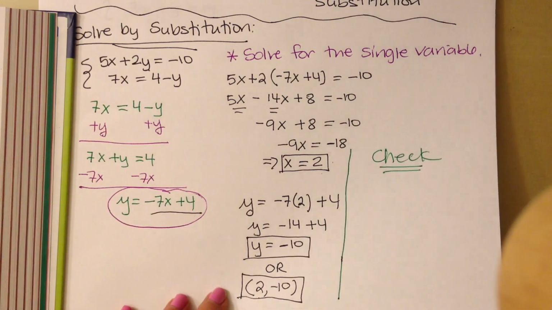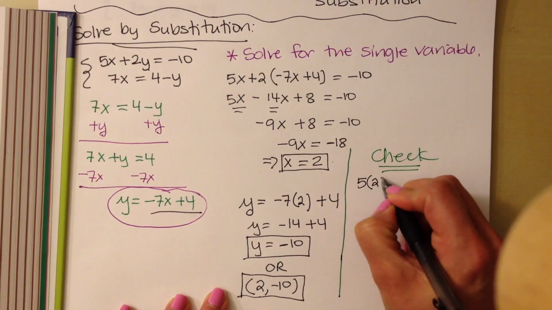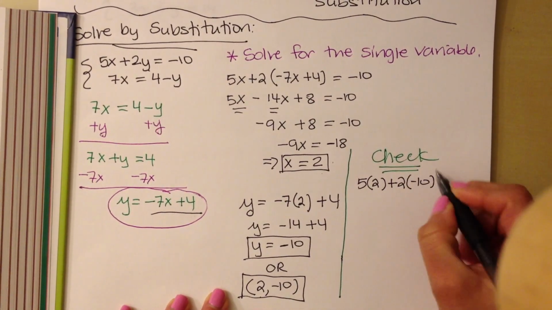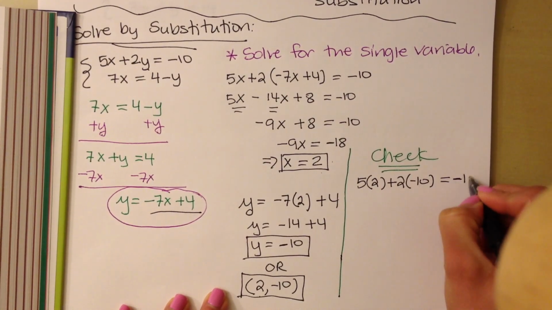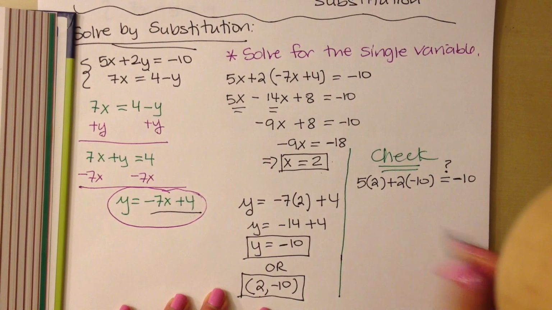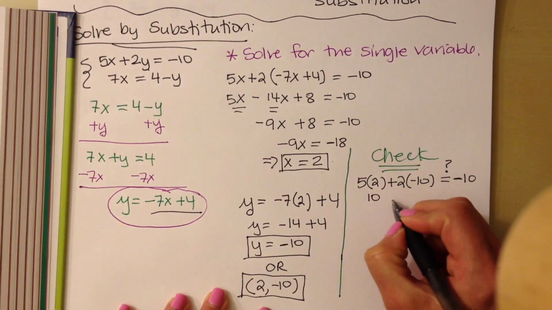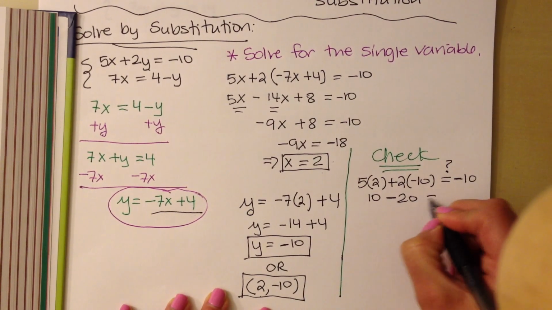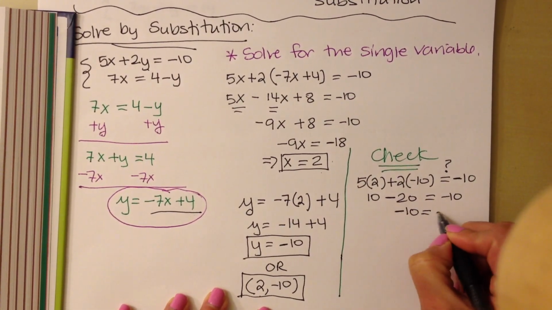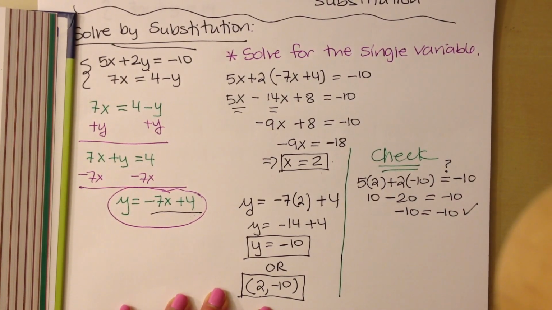Start with the first equation. 5 times 2 plus 2 times negative 10, and that's supposed to give us a negative 10. Since I'm checking, I will have a question mark right there. Let's calculate the left side. We have 10 minus 20, and we can easily tell that we get negative 10 equals negative 10. The solution works for the first equation.